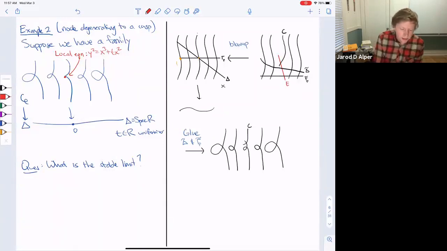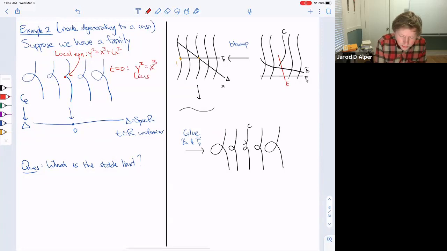So on the local equation of the surface, let's suppose it has this form: y squared equals x cubed plus tx squared, where t is a local parameter of the base, and x and y are local coordinates on the surface. And note that if you take the fiber when t is 0, you get y squared equals x cubed, and this is what we mean by a cusp. But when t is non-zero, the singularity looks like y squared equals x squared, which is our node.